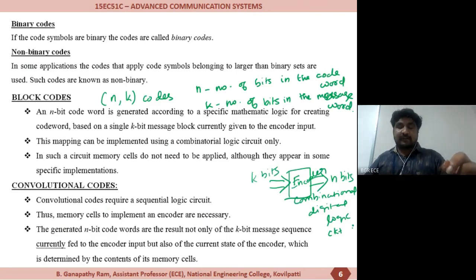And another kind of code involves a memory requirement for encoding the message bits to produce the code word and uses a sequential logic circuit.